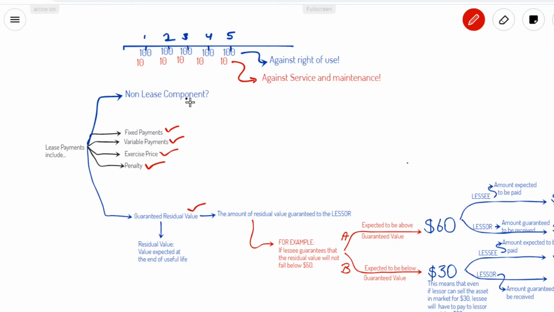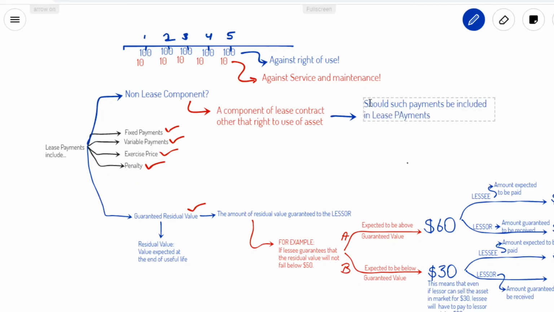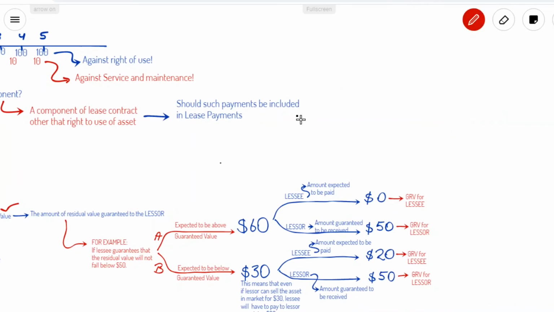And those $10 are essentially not a part of the lease transaction because they are not for the right of use of that asset, right? Now, in case of the lessor, this is not part of the lease payment, and the lessor will have to be recording these payments separately in income, which means the lease payment would be $100 each year and $10 each year would have to be recorded by the lessor separately as income.